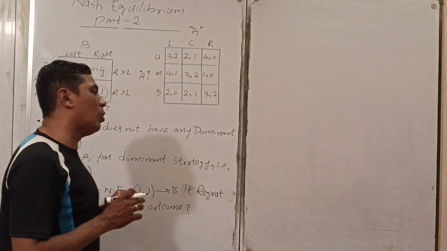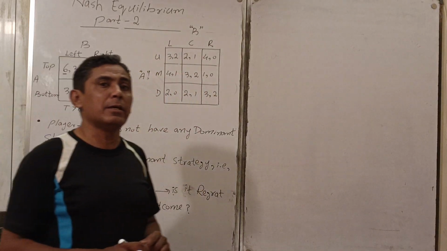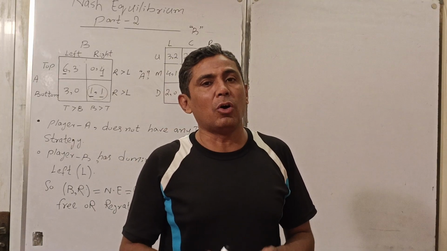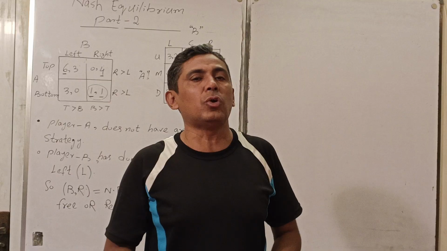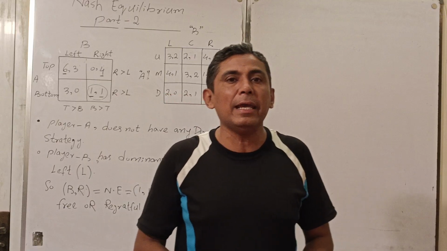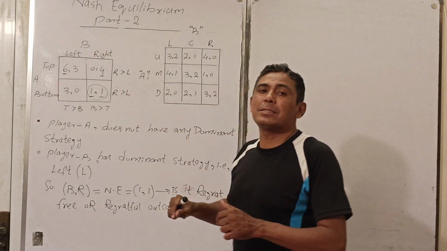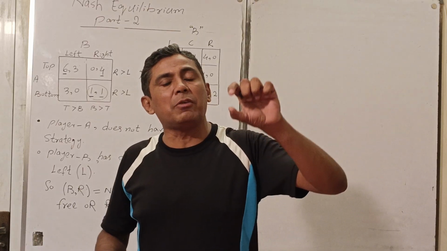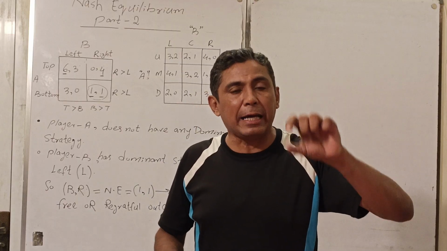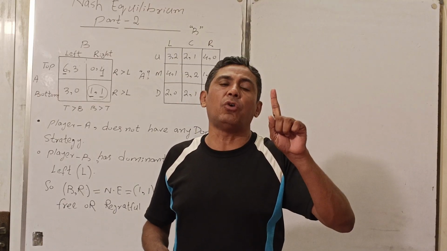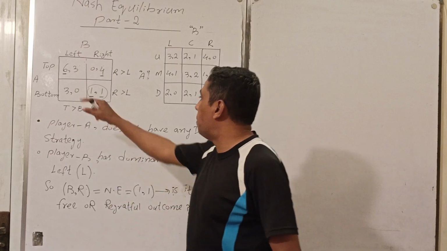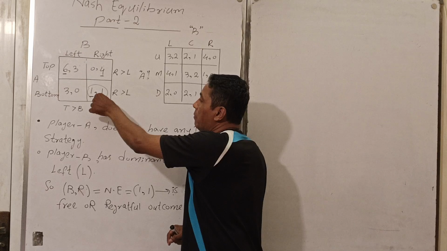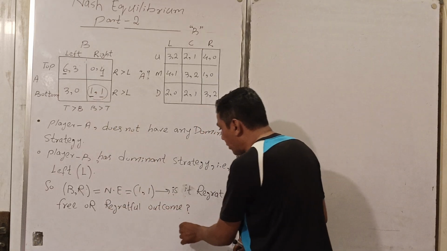So when B always plays right, although there is no dominant strategy for A, there is no choice for A to play top, because on the given condition A can observe that B always plays right. So there is one choice for A, that is bottom. So it means that this is the Nash equilibrium, which is the regret free outcome.